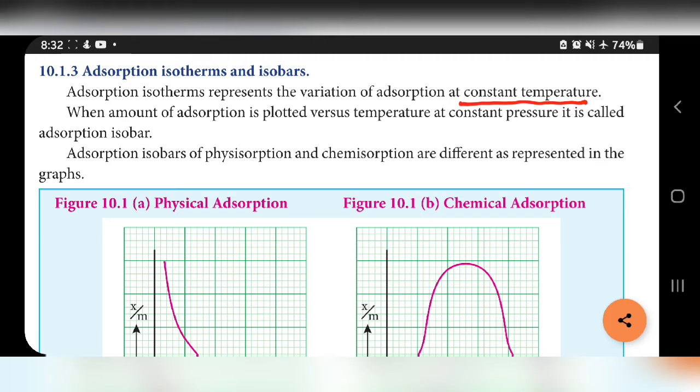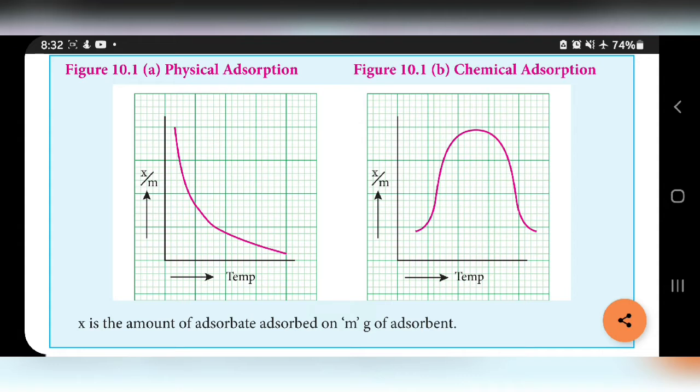When the amount of adsorption is plotted versus temperature at a constant pressure, it is called an adsorption isobar. So in both graphs, adsorption is on the y-axis.